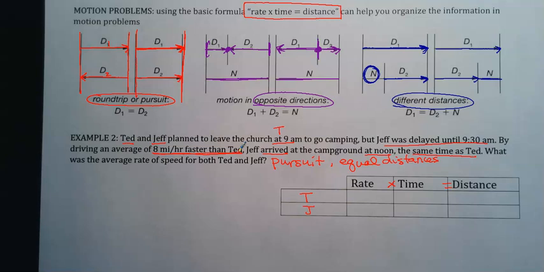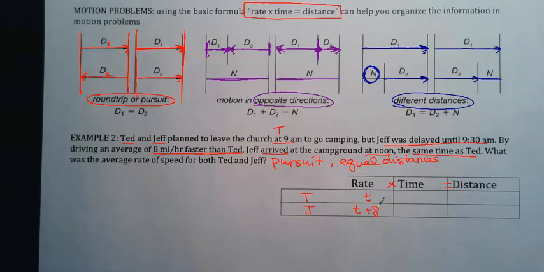So in our rate, we could say, we don't know how fast Ted drove, but Jeff drove as fast as Ted plus 8 miles per hour faster. So he's going to be T plus 8.